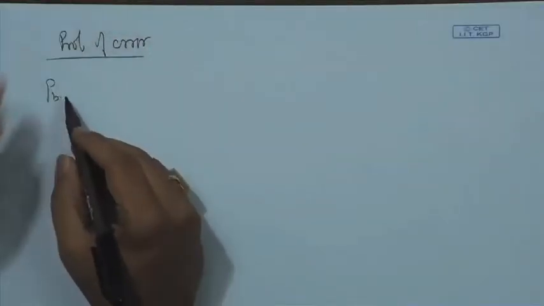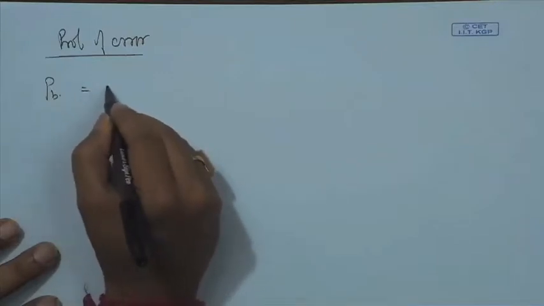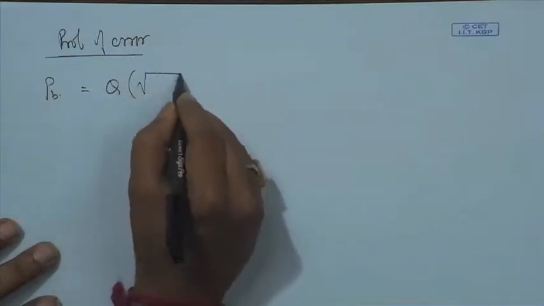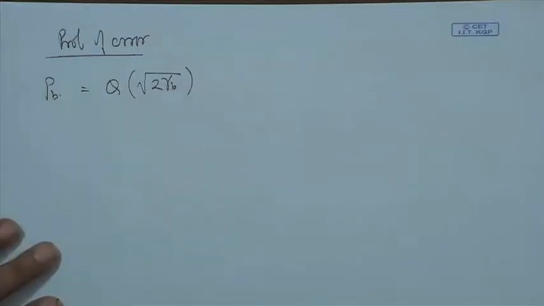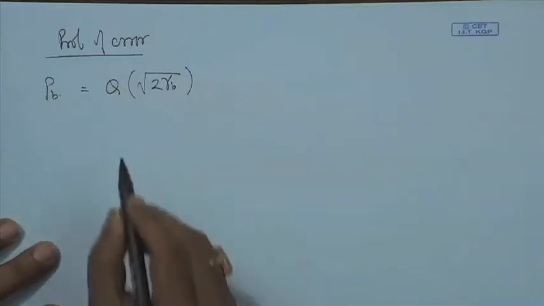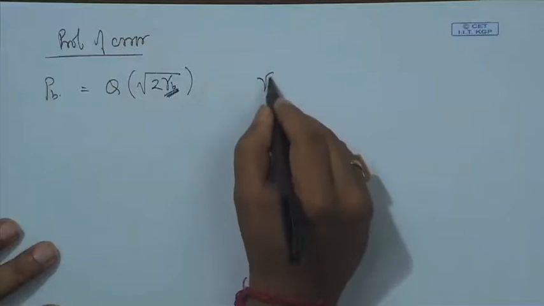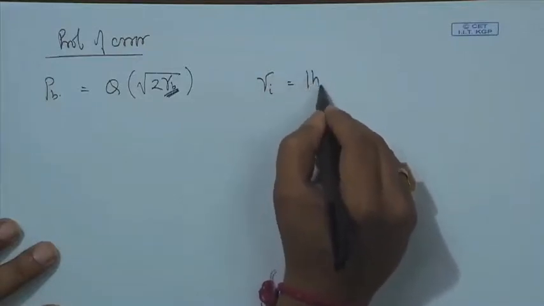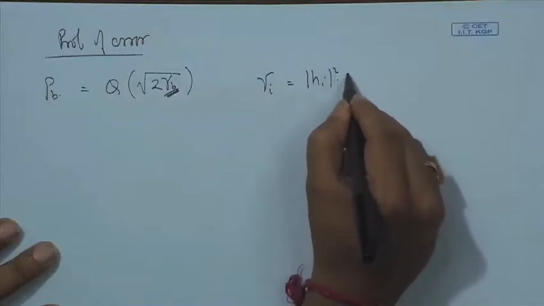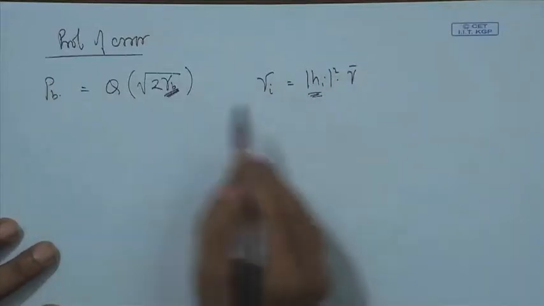The probability of error in case of AWGN for a QPSK could be Q function of root over 2 gamma_b, let's say the SNR per bit, and in our case this SNR is not constant, because the SNR we have seen per branch is equal to H_i squared times gamma bar. Previously this was constant, now it is constantly fluctuating.